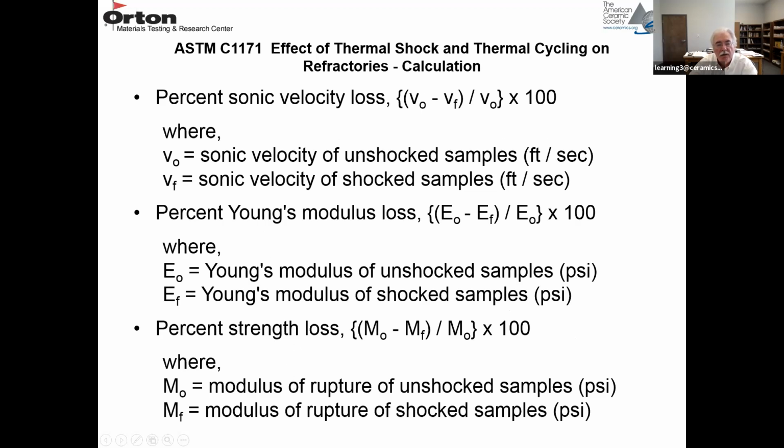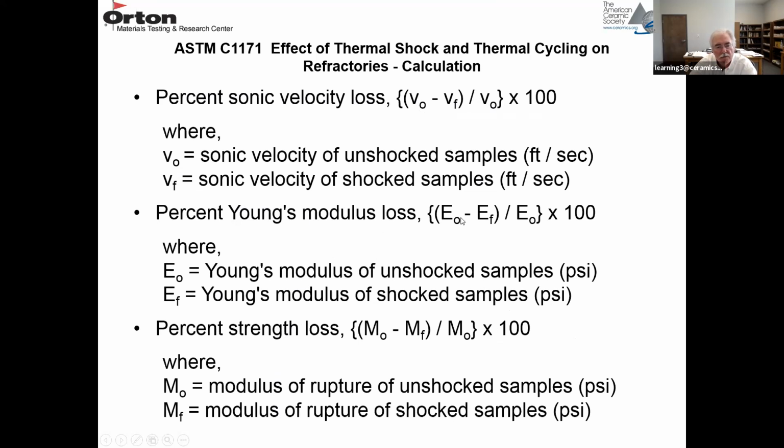And then you just calculate the loss in either sonic velocity, Young's modulus, or the strength. So for the sonic velocity, you have your initial unshocked samples, V0, and then you have your shock samples, VF. So the initial sonic velocity minus the final after shocking, divided by the initial, times 100, gives you the loss in sonic velocity.